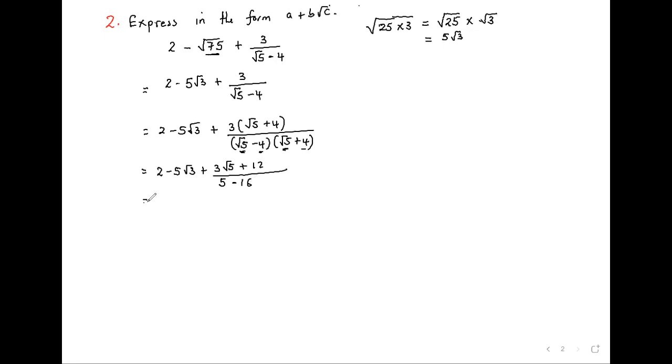So we write this as 2 minus 5 root 3 plus 12 over 5 minus 16, which is minus 11. And then we put plus first, 3 root 5 over minus 11.